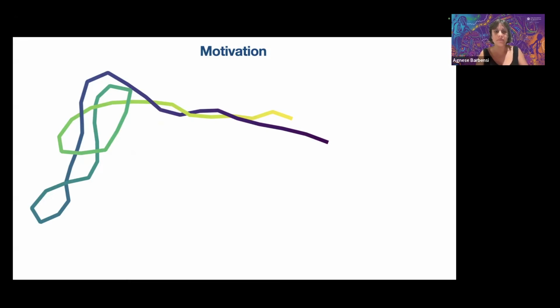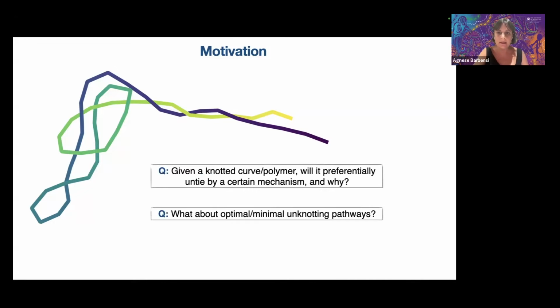So the objects we're going to deal with are, again, open spatial curves, perhaps knotted or at least folded in a geometrically complex way.